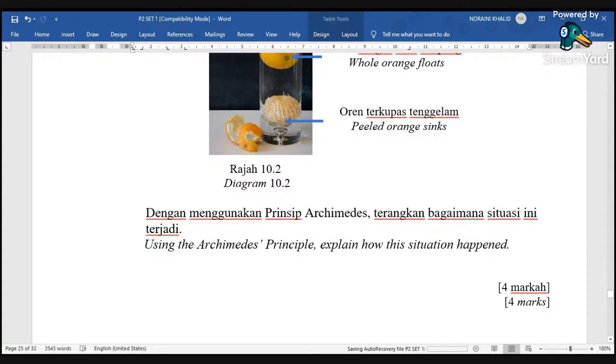Or in other words, you can say also the orange with the skin has an average density which is smaller than density of water. 4 marks, knowledge question.